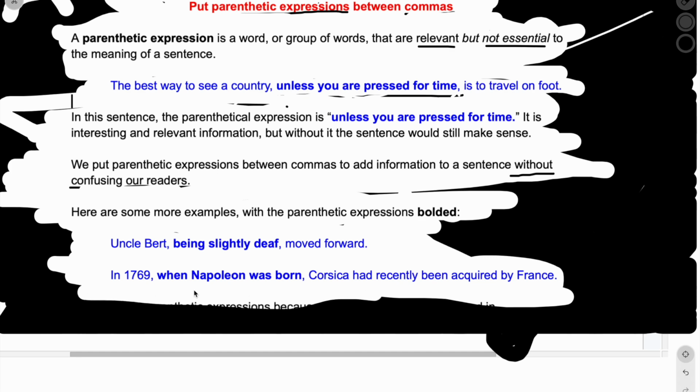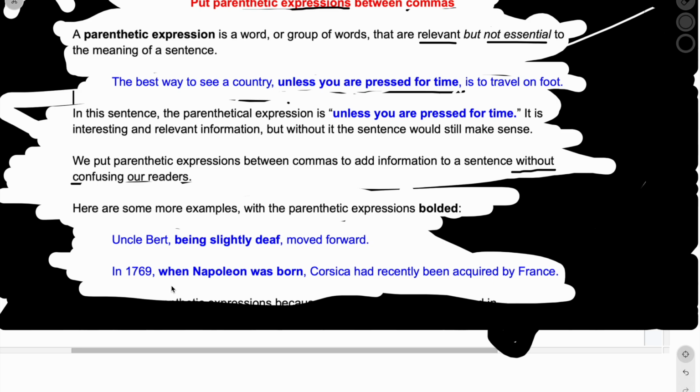It's adding interesting but non-essential information. Again, let's try it without the bolded part. In 1769, Corsica had recently been acquired by France. That is a complete sentence, and we're adding the parenthetic expression when Napoleon was born to just enrich, to liven up, to add color to the sentence.